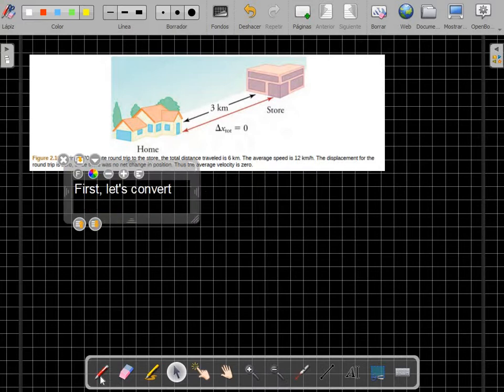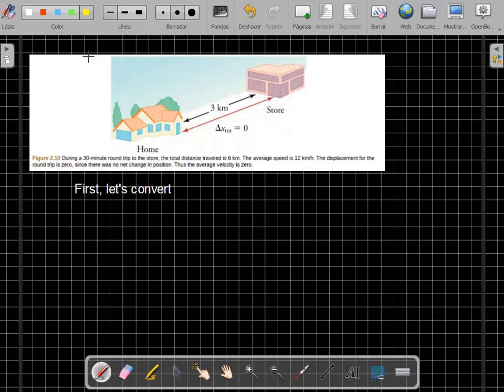For that, we will do it this way. We have 3 kilometers, right? And we are going to multiply those 3 kilometers by a fraction. The question is, what is going to be in that fraction? Well, remember our objective is to get meters and somehow get rid of those kilometers.